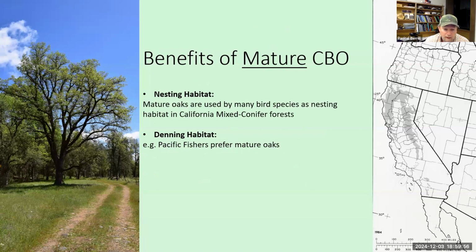Those large mature trees, like you see in the picture on the left, provide not only nesting habitat, but also denning habitat. For example, the Pacific fisher prefers these mature large oak trees with these broad crowns, as you see in the picture.